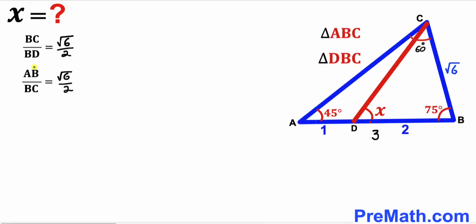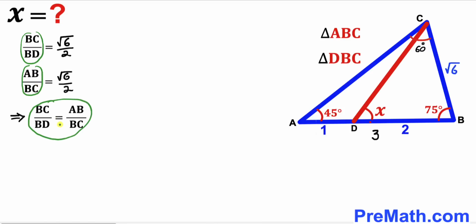So therefore, the ratio of AB and BC turns out to be square root of 6 divided by 2. And now we can see both of these ratios have the same value. So therefore, we conclude that this ratio BC and BD is going to be equal to the ratio of AB and BC, as you can see over here in this equation.